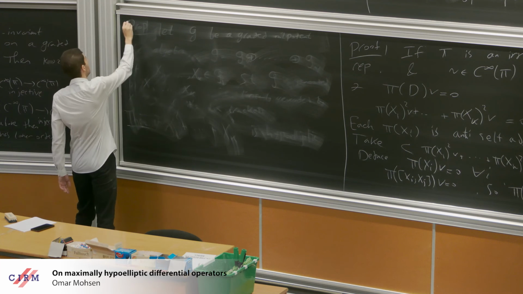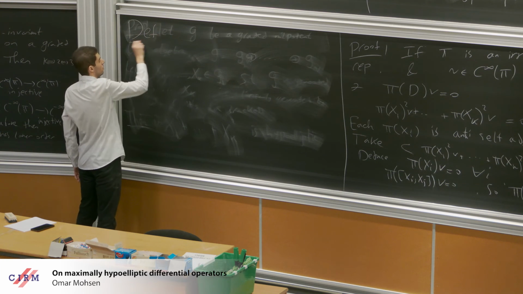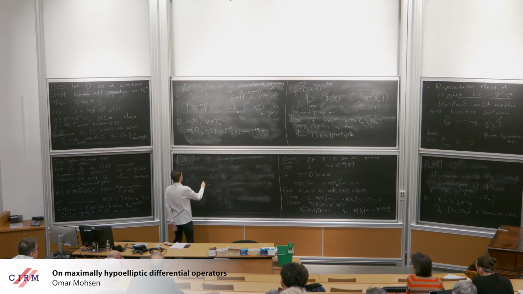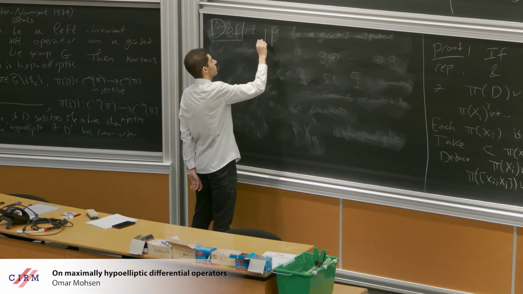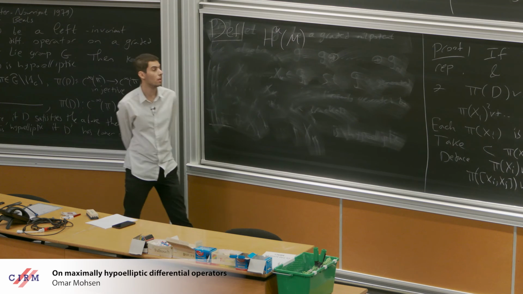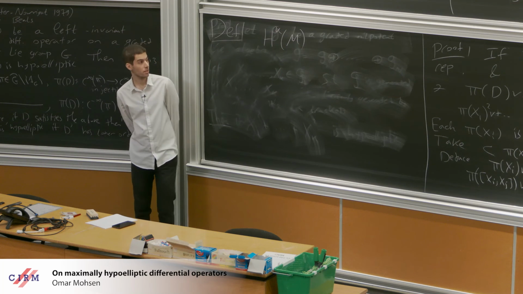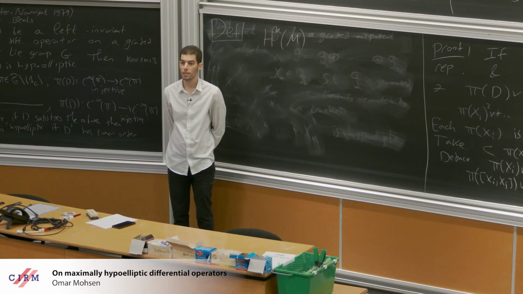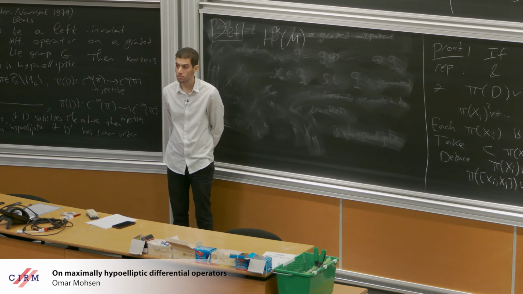So now we define Sobolev spaces on the manifold. The Sobolev spaces that I will define are not the usual Sobolev spaces. They depend on the vector fields. There are two reasons why I define them.